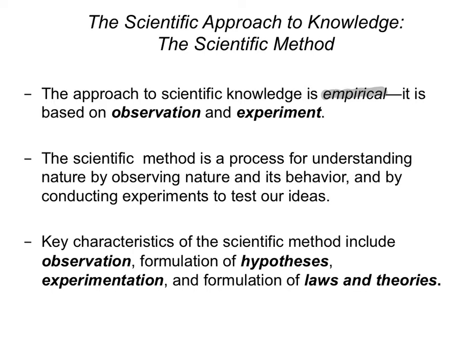All right, so again, it's empirical. It's based on observation. What are other bits and pieces of the scientific method? We have observation. What else do we do? We experiment. What do we form? Hypotheses. And then long term, after all this experiment, all these hypotheses, ideally we form laws and theories. And I'll tell you the difference between them in just one second, okay?